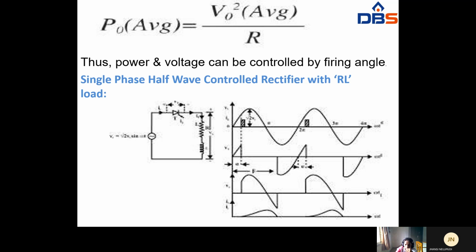So the source voltage, before triggering, will be higher, and after triggering of the SCR the source voltage comes to 0. In the negative side the source voltage will be same as the input, and it will come to 0, and after completing one cycle it will go on increasing and come to 0. This is the source voltage.